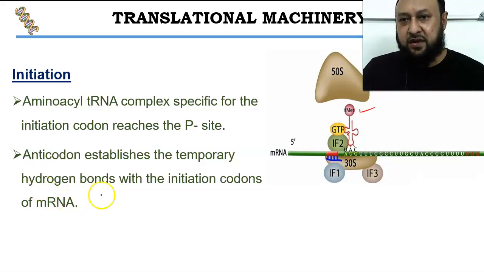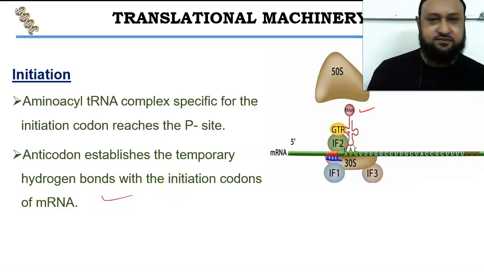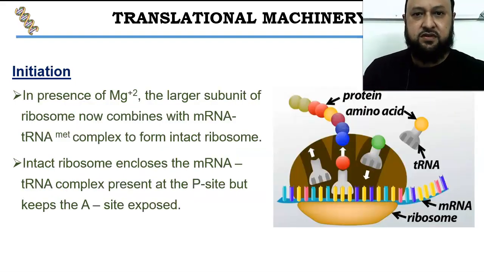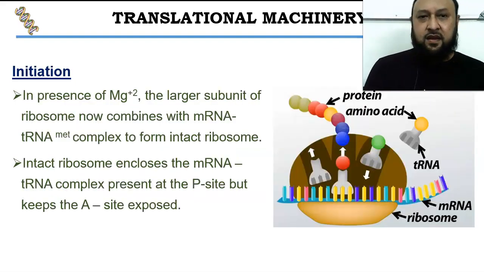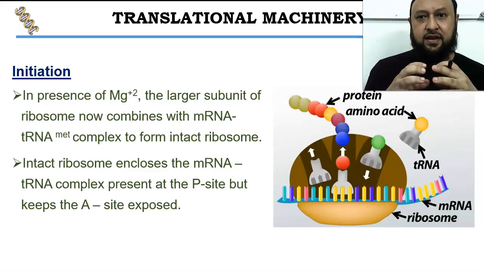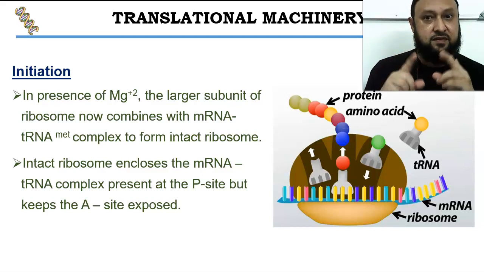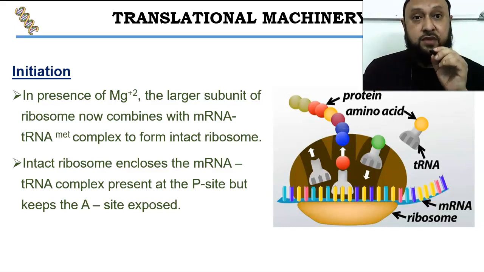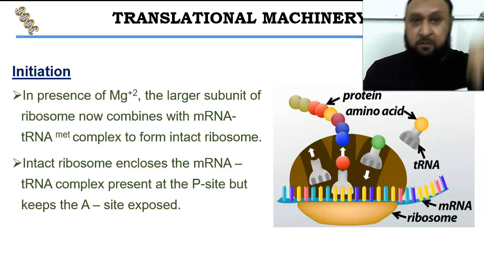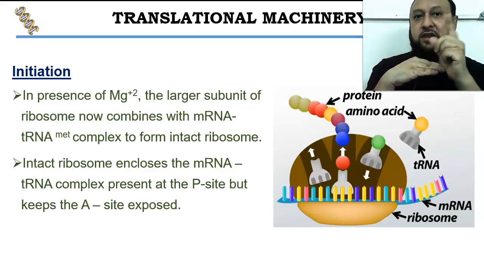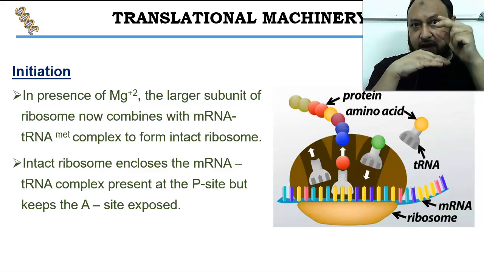Now, the anticodon establishes temporary hydrogen bonding with the codon. This is needed because the formation of the chain is still going on. As I told you before, magnesium ion is required, and the larger subunit of the ribosome now combines with the mRNA and tRNA-methionine complex. Please pay attention here and listen very carefully. The mRNA is there, and the tRNA has brought the amino acid, methionine.